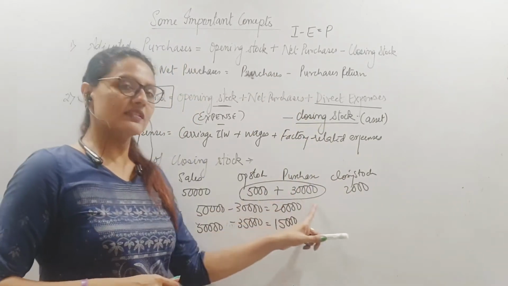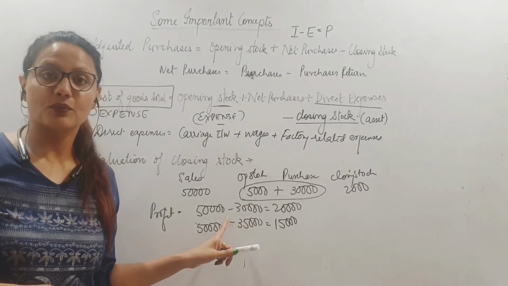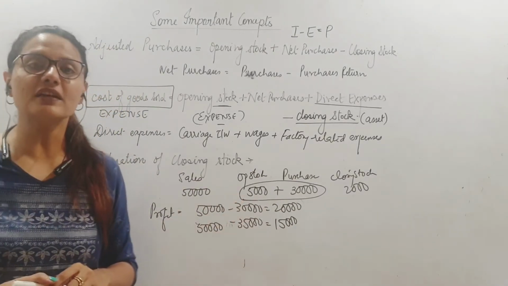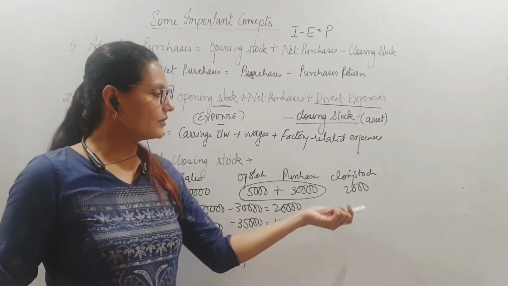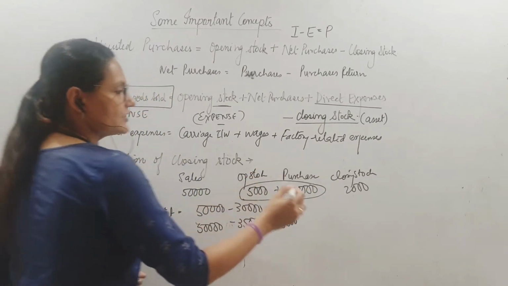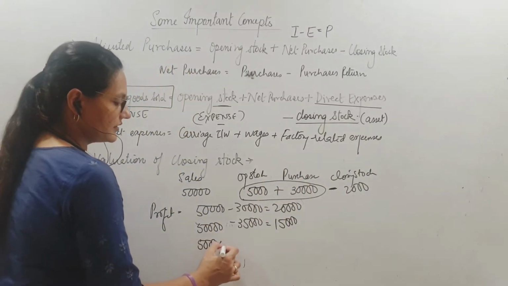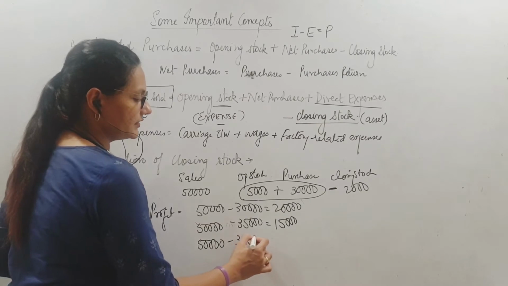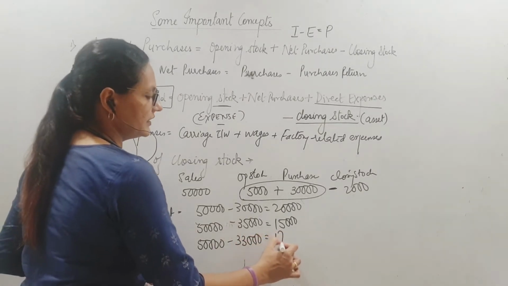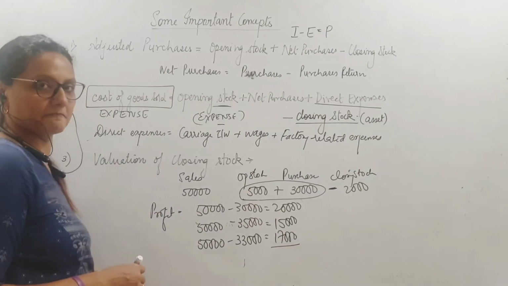Meaning, did you sell goods worth 35,000? No. You sold goods worth how much? 33,000, because 2,000 worth of goods is still lying with you as stock, isn't it? So I'll subtract this from here, and I should subtract only 33,000 from it. Therefore, profit is 17,000, not 15.